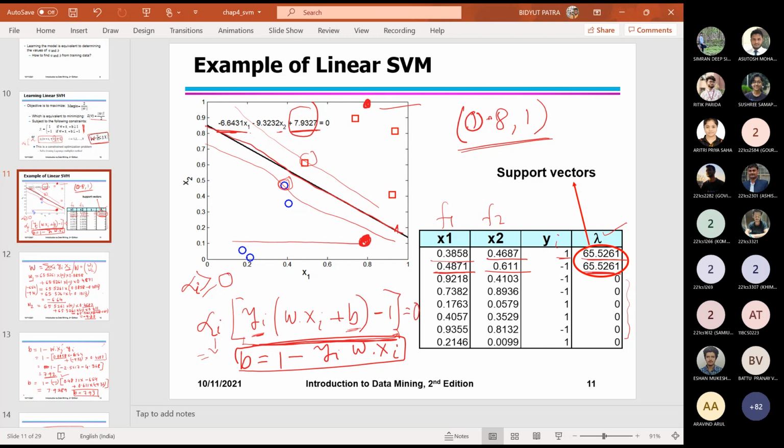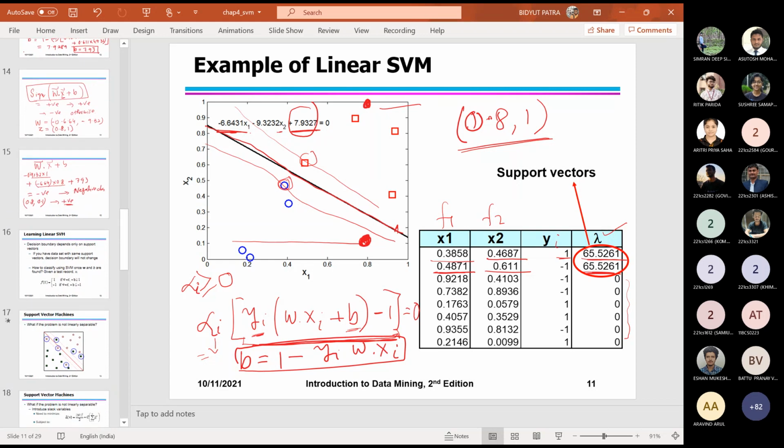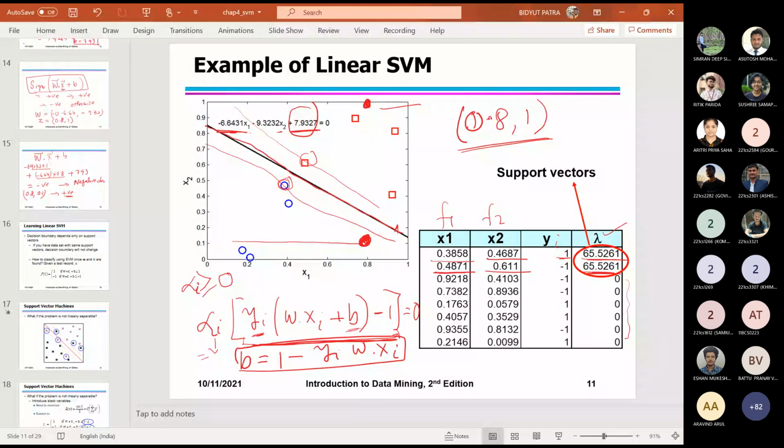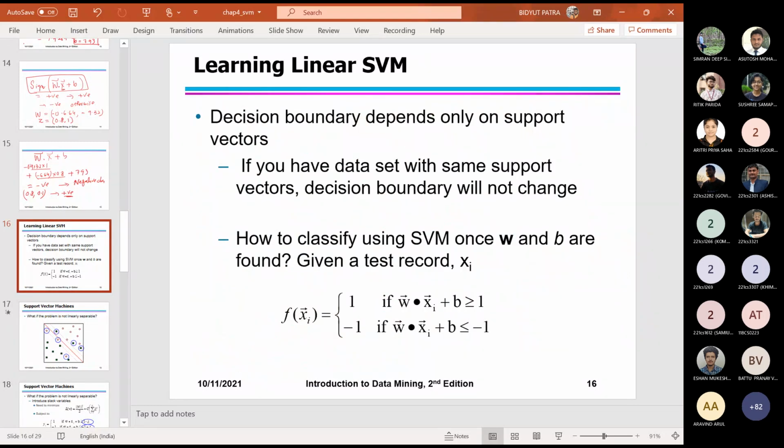So I think we have spent a lot of time on support vector machine, and we want to finish by today. Whatever we have been talking about is the linear support vector machine. The decision boundary depends only on the support vectors. Support vectors mean the points which are on the decision line, that margin, that gutter.